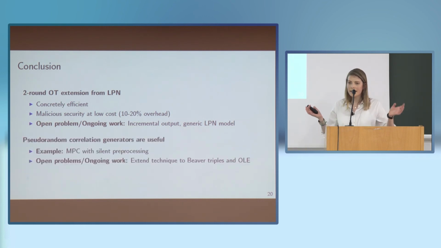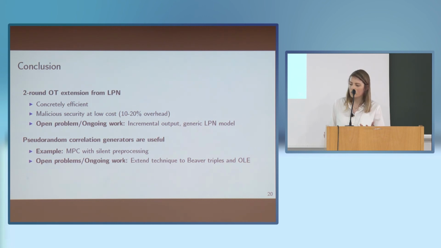And more broadly, what I want to say in this talk is that pseudorandom correlation generators are useful not just for OT, but for many other applications. Generally, secure multi-party computation protocols with silent pre-processing, because this is usually the expensive, communication-intensive part of an MPC protocol, and you can replace it with pseudorandom correlation generators.